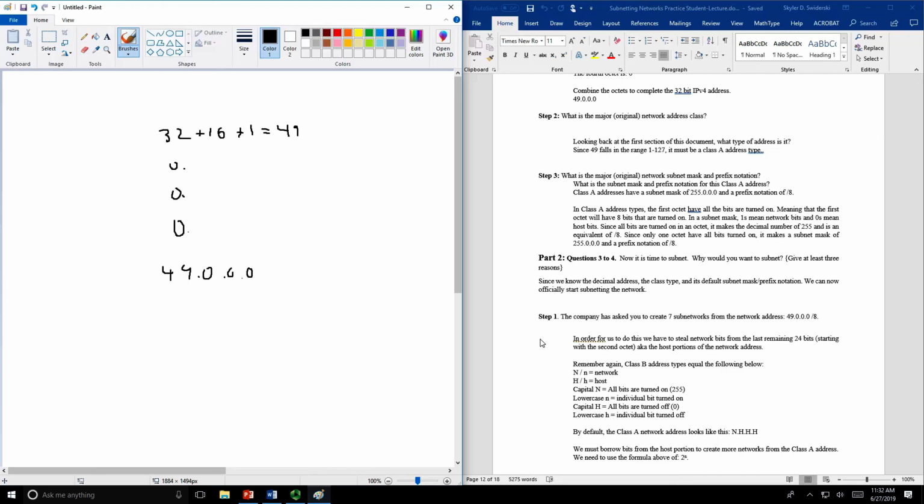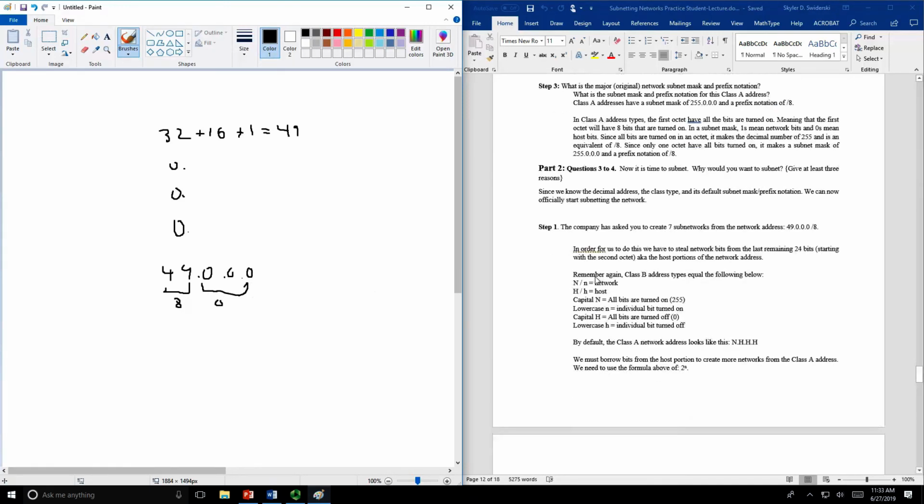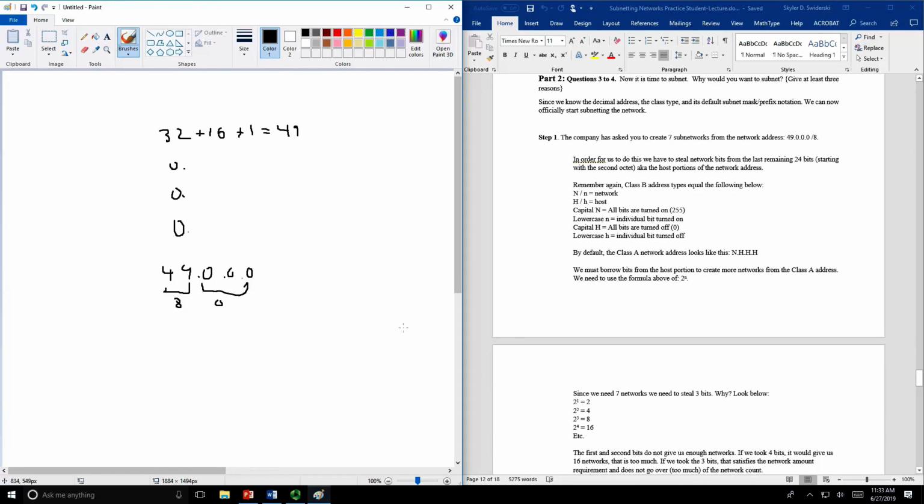And because it is a Class A address, it has the subnet mask 255.0.0.0 and a base prefix notation of /8, because in the first section, all 8 network bits are turned on. In the last 3, no network bits are turned on, which in the NH format, capital N, is 3 capital H's.